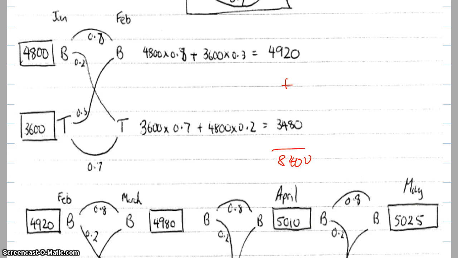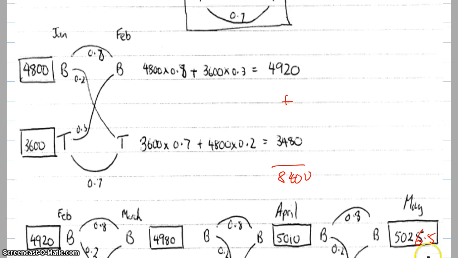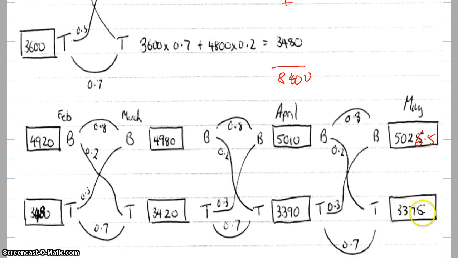Just on that, if it's ever 7.5, you round one of them up and one of them down. So if the top one was 5,025.5, you'd make it 5,026, and therefore you'd make this one 3,374.